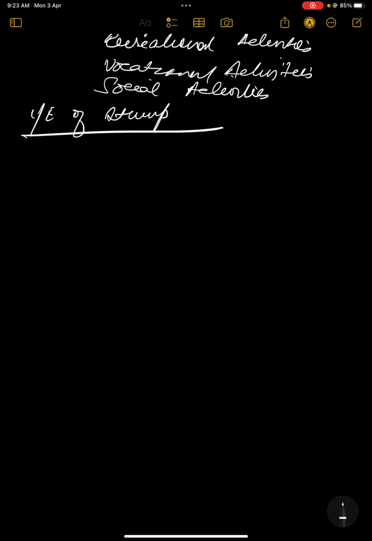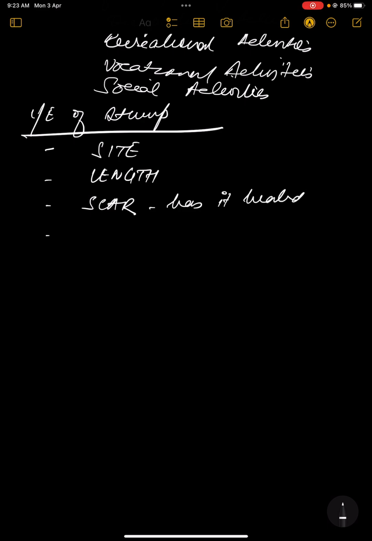Then you do the local examination of the stump itself. What is the site? What is the length? What about the scar? Has it healed? Is it painful? Is it mobile?